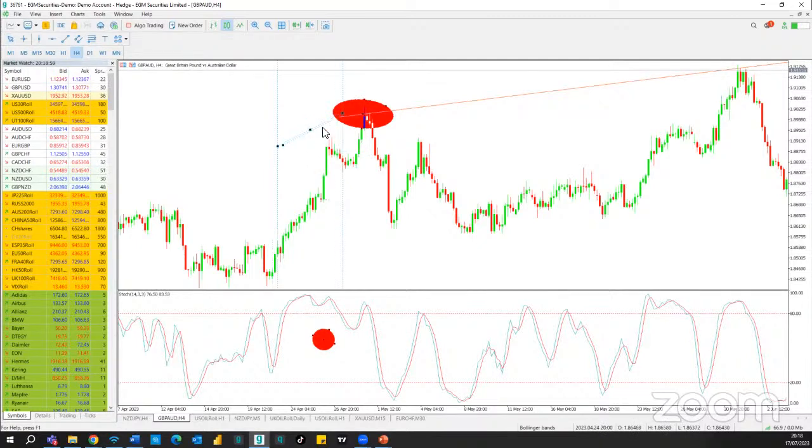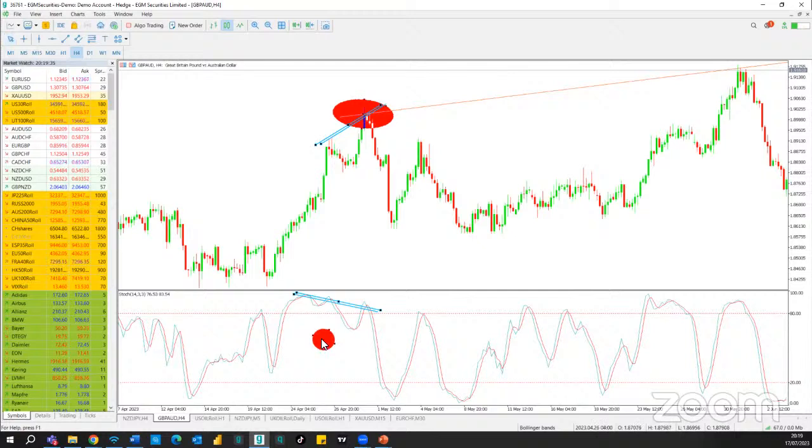So let me use this line. So you can see we have these two highs here. On the side of the price, I'm marking with blue. So the price is pushing higher and higher around this area. Well, if you look at the stochastic oscillator at the bottom, the peaks of that oscillator are showing that the momentum is reducing. And this is a divergence right here.